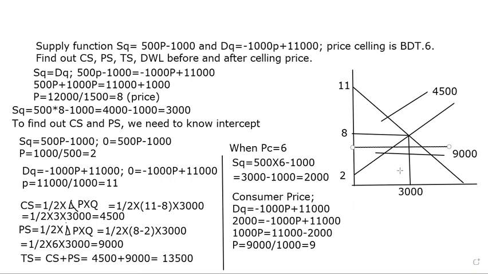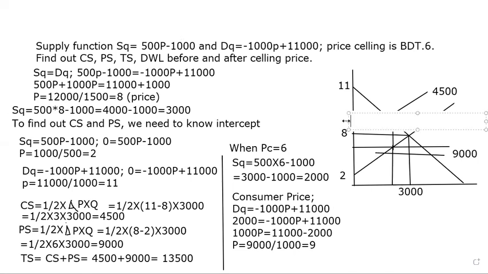Here we can also show our quantity supplied, which is 2000, and your price is here. At the same time, you will have taka 9 as your price for the product for the same quantity.